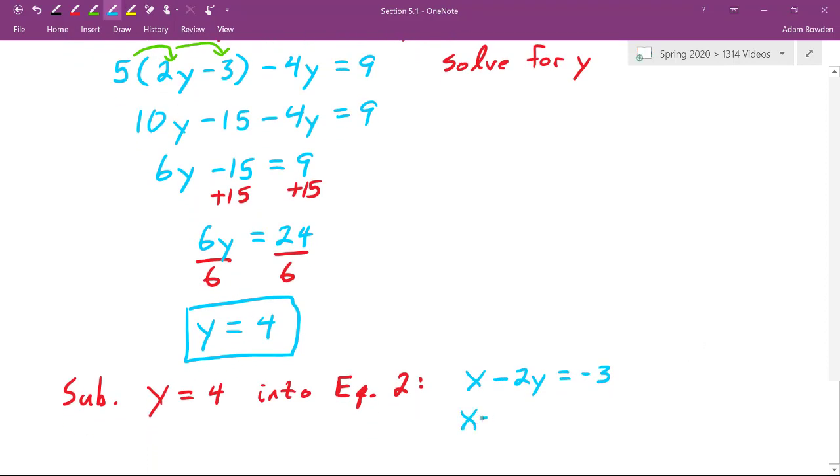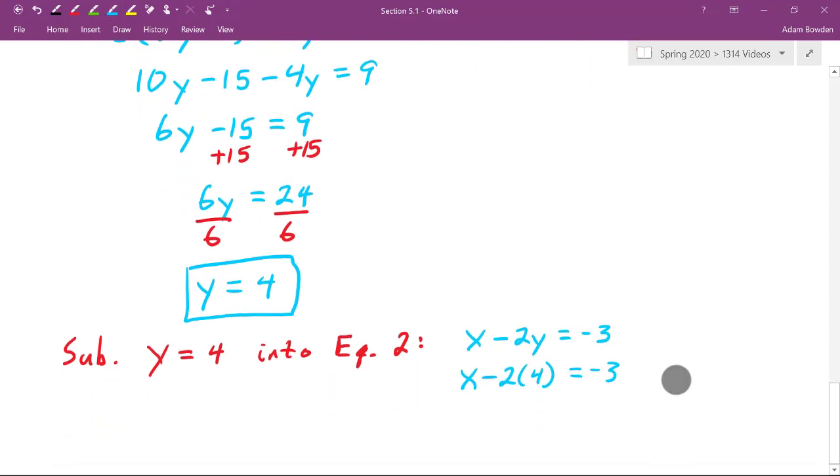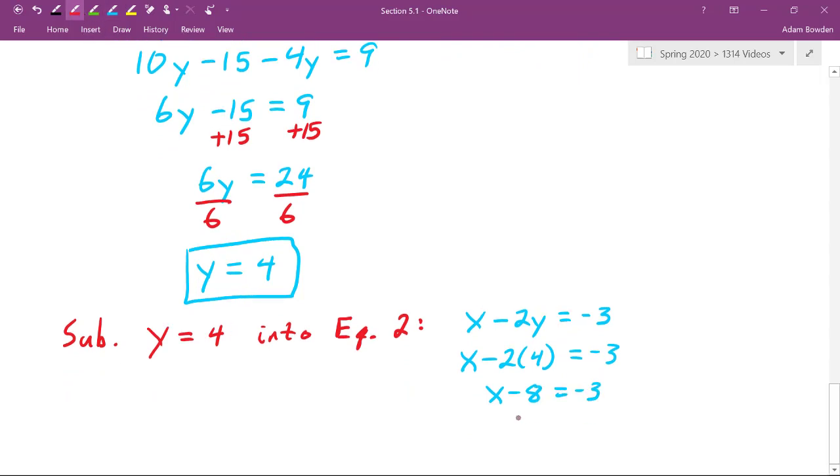So it would be x minus 2 times 4 equals negative 3. x minus 8 equals negative 3. And after adding the 8 over, we'll find x is equal to 5. Okay, so those should be the numbers for our solution.